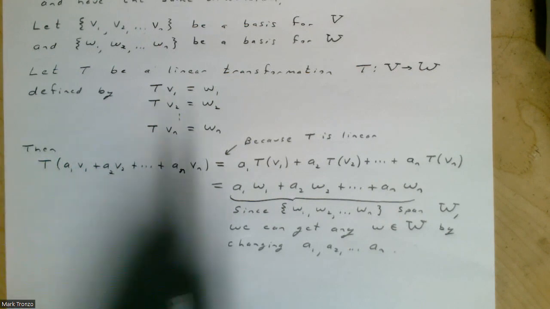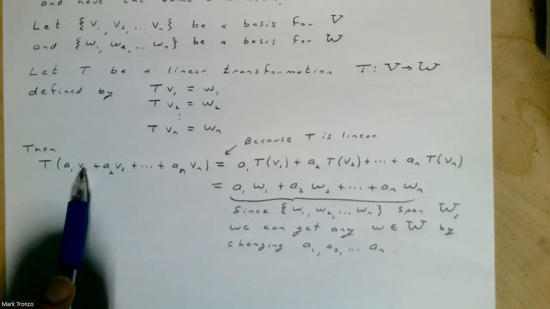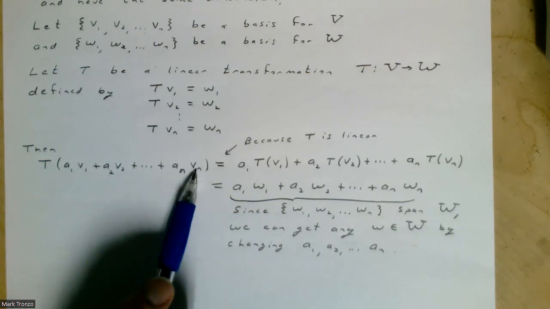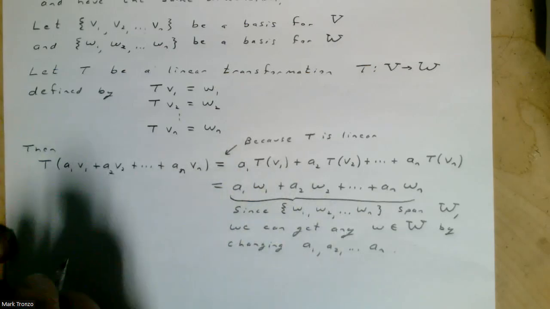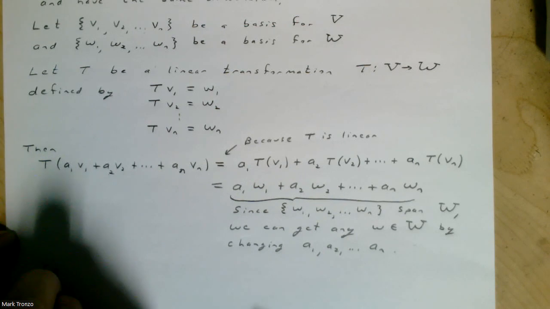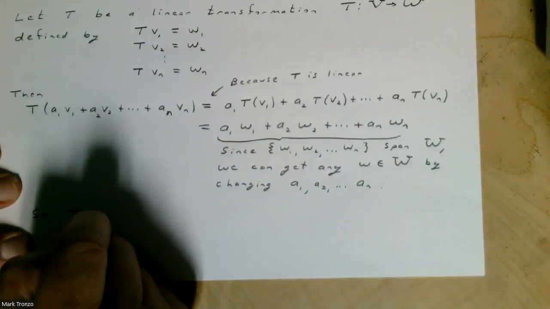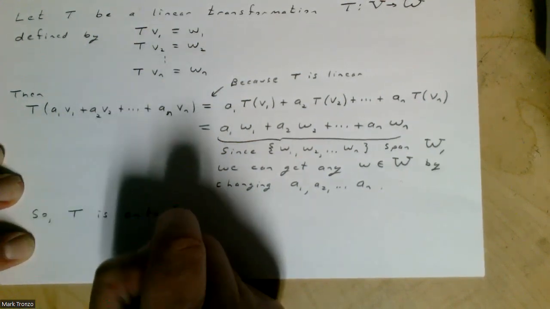So we can change the A's here and always put something in here that will produce that W. So that implies T is onto or surjective.